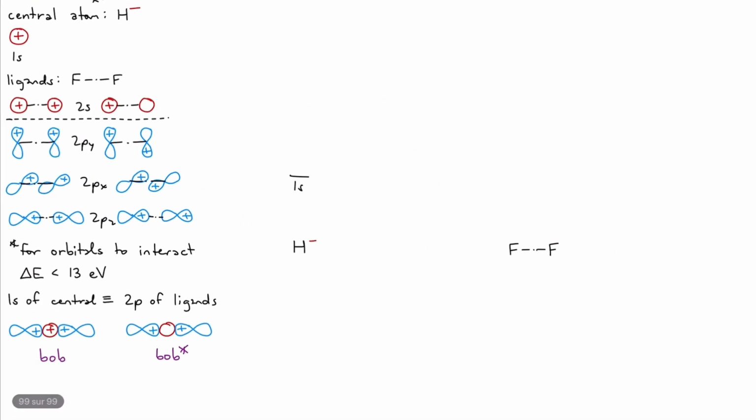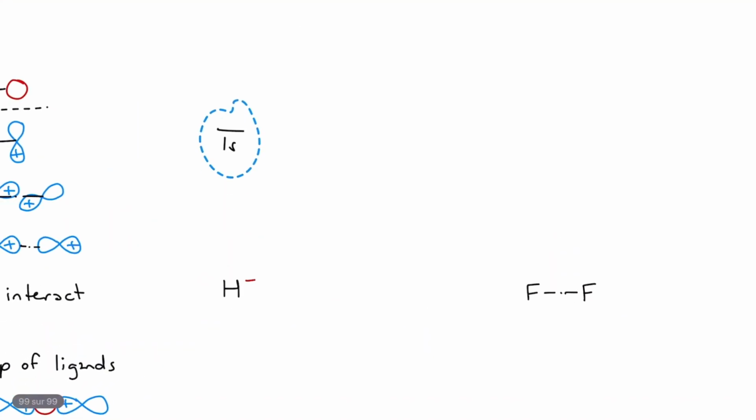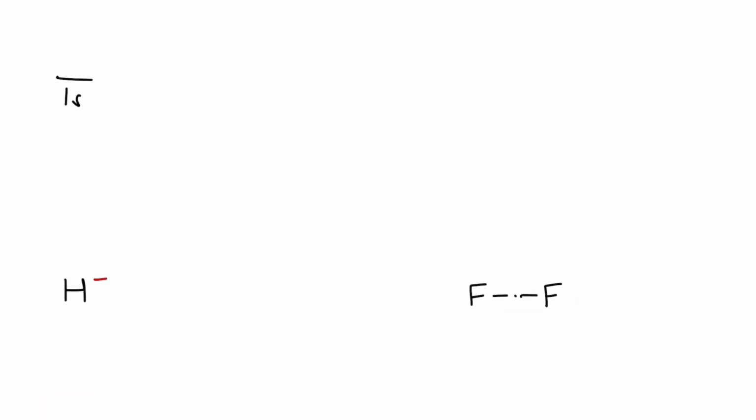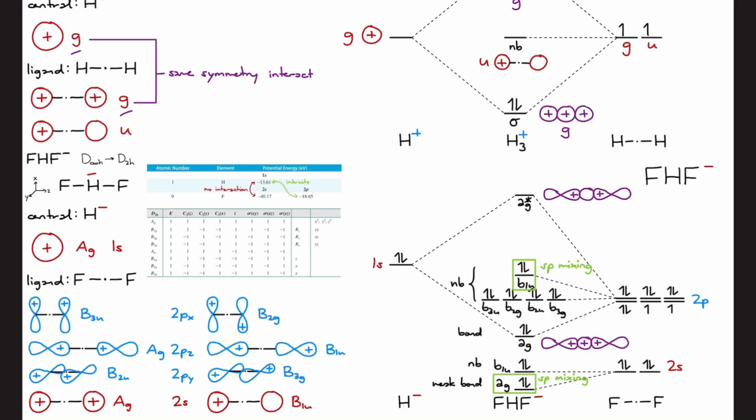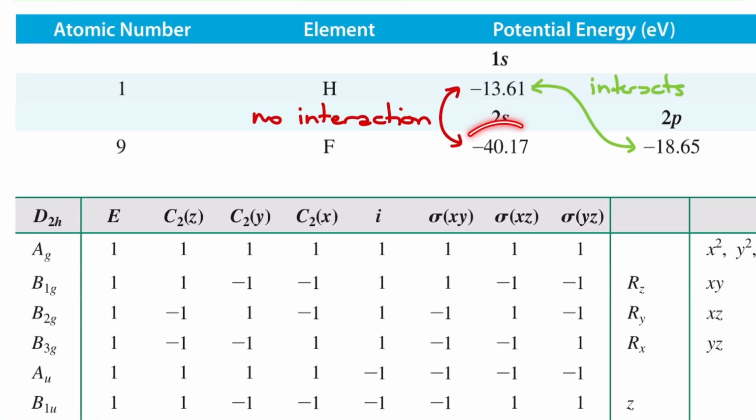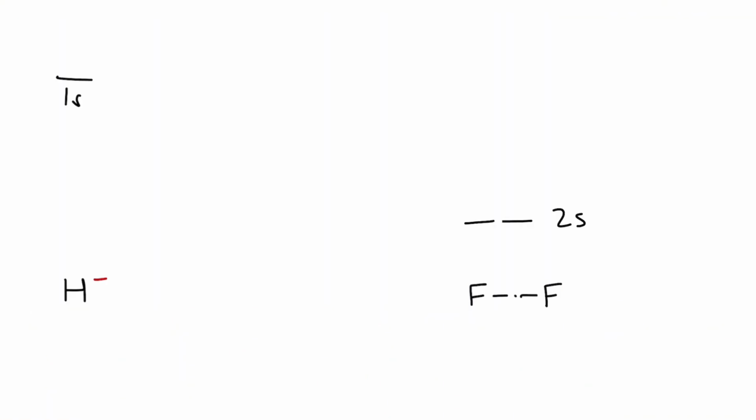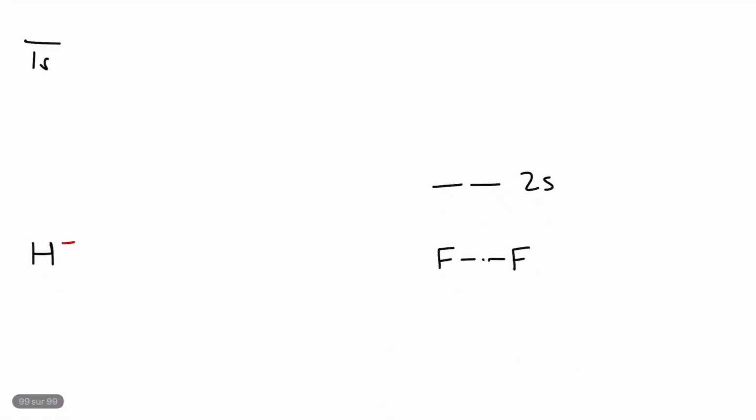So yeah, and the 2s of fluorine is going to be so low, because it's negative 40 electron volts in energy, as you can see right here. So it's going to be so low right here.